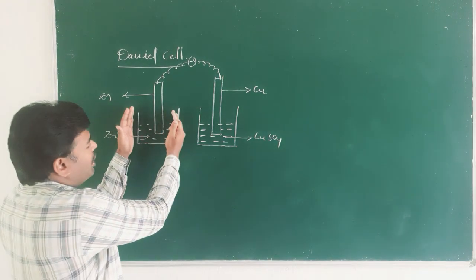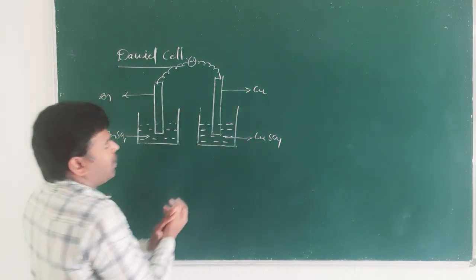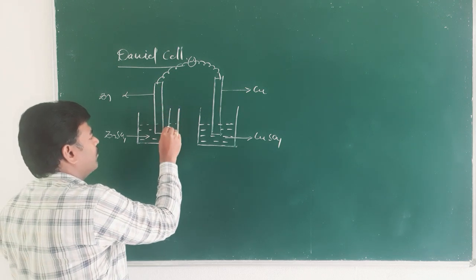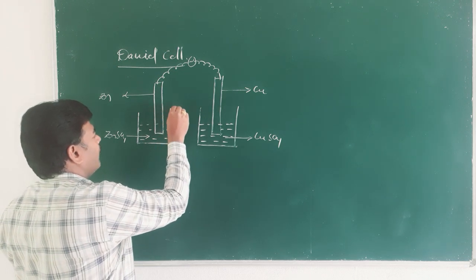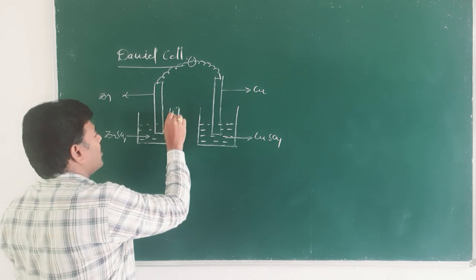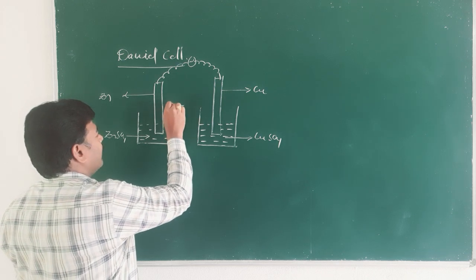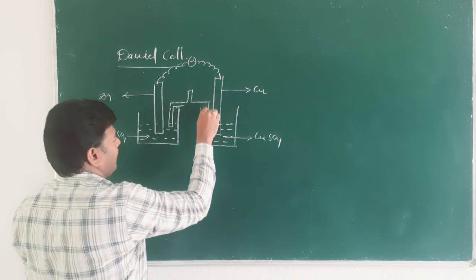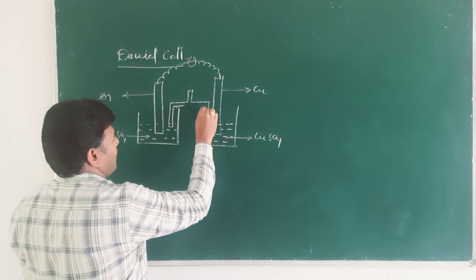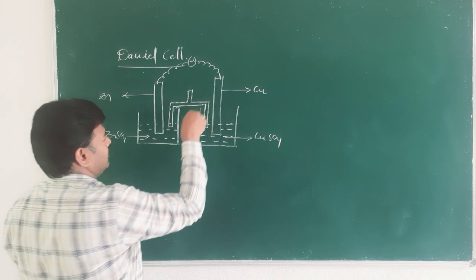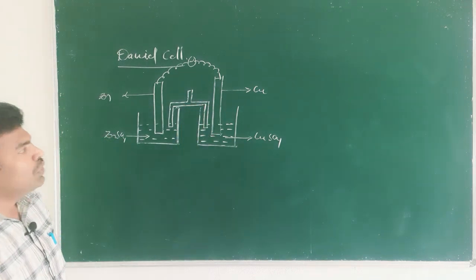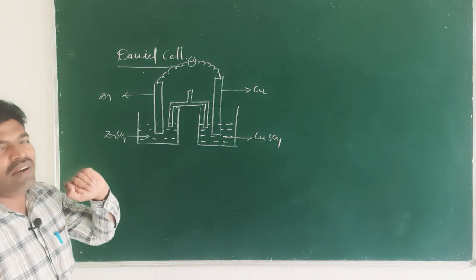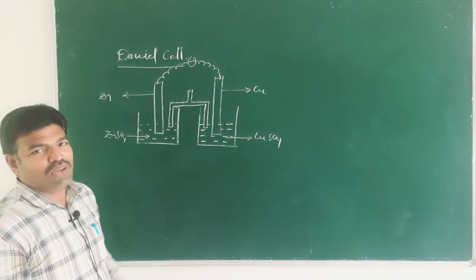This is one compartment and this is another compartment, and the two compartments are connected by an inverted U-shaped glass tube filled with KCl solution.